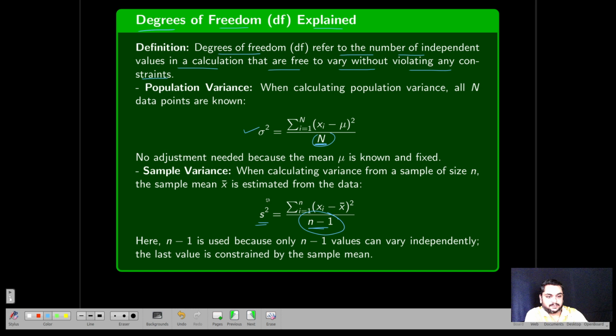To understand this, first let us understand the degrees of freedom. Let us say this is my population, the entire population, of size capital N. Sigma square is the variance and mu is the mean. Now I derive a sample.